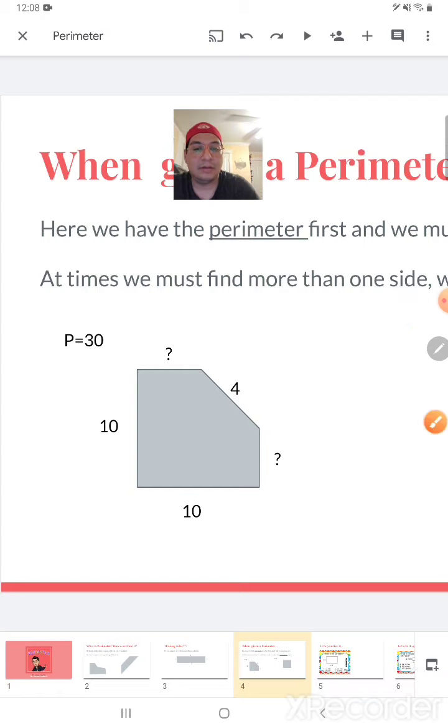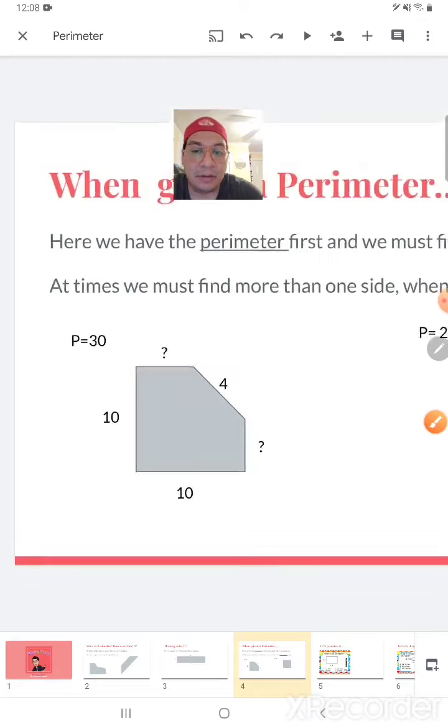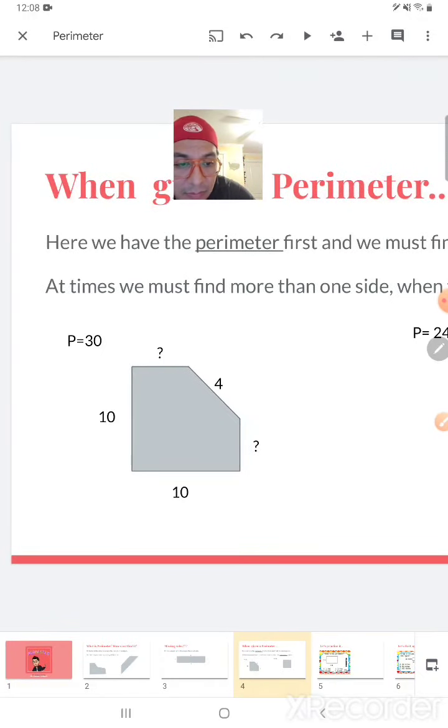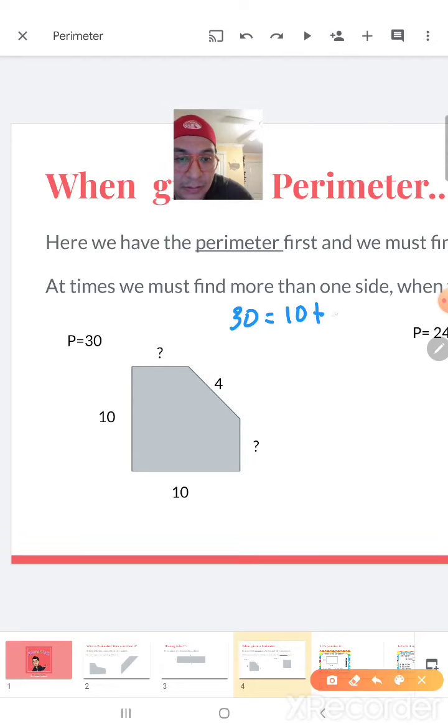Let's go ahead and reset. Let's do it right again. Let's see if I can do this smaller. So question mark. I know that 30 equals 10 plus 10 plus 4 plus question mark plus question mark.